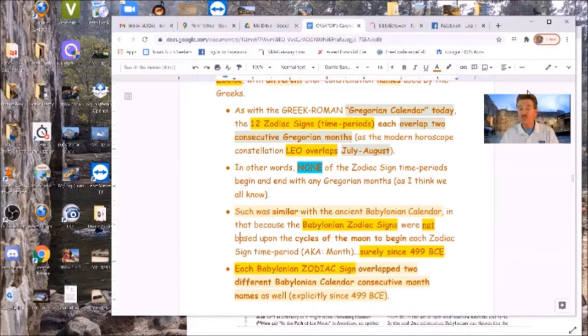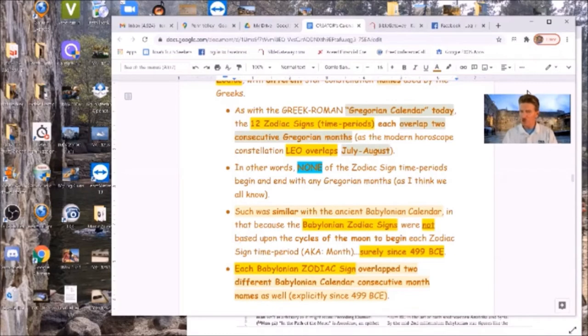Well, such was similar with the ancient Babylonian calendar, the public calendar of the Babylonians and the Persians for that matter, because they didn't change the calendar system or the names once they conquered the Babylonians. The Babylonian zodiac signs were not based upon the cycles of the moon to begin each zodiac sign time period, aka month, if you want to look at it that way.